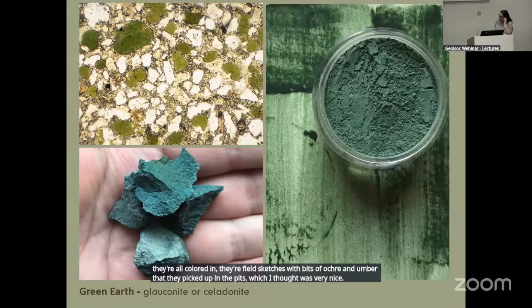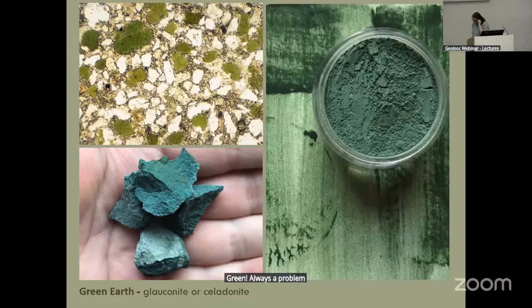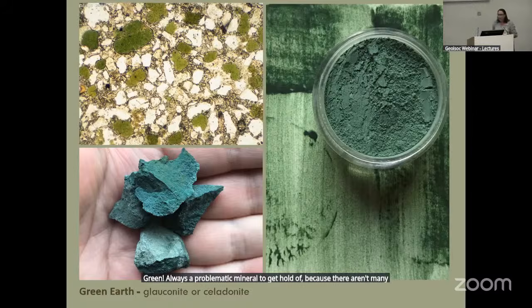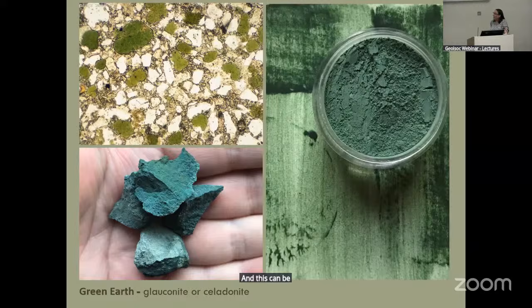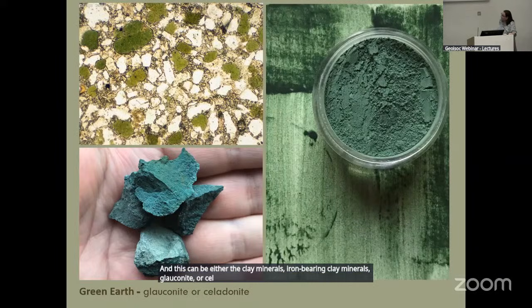Green is always a problematic colour to get hold of because there aren't many readily available pigments. Green earth can be either of the iron-bearing clay minerals glauconite or celadonite.